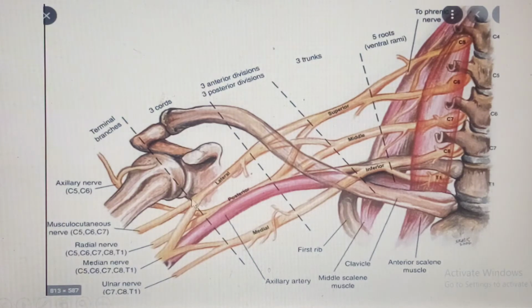And then, having got that, the branch of that M which is related to the lateral cord will be the musculocutaneous nerve. I'm going to show you. And then, of course, this is the median nerve. Then the other portion of the M branch will be the ulnar nerve, the longest nerve as far as the brachial plexus is concerned. So that is what I want you to know over here.